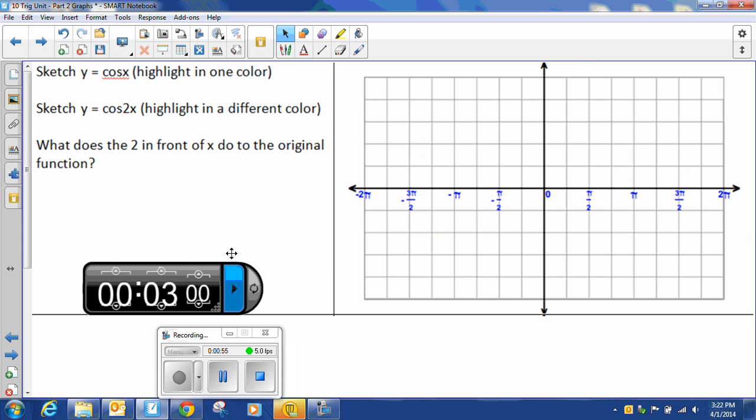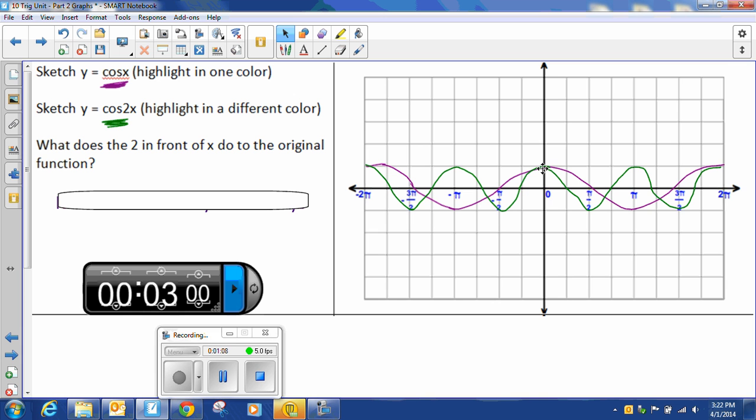Okay, let's take a look at cosine of x. So cosine of x actually at the origin passes through the point 1. Okay, so in the purple, we're looking at the original function cosine x. It goes up like this, then it goes down to -1 at pi, then back up to 1 at 2 pi.